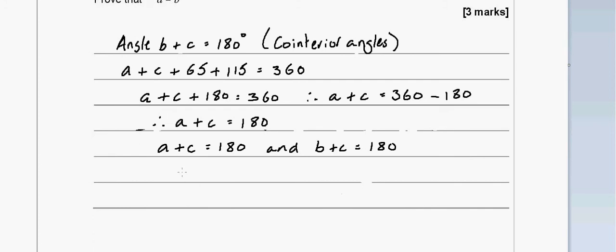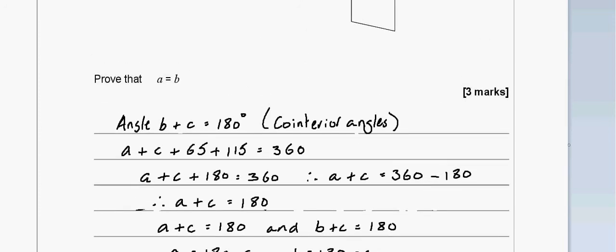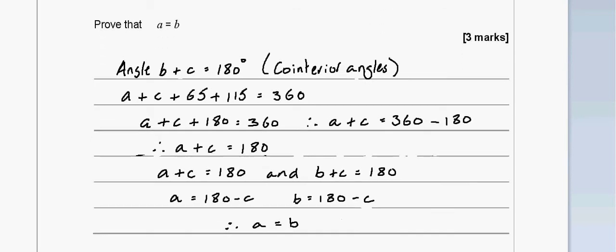So A must equal 180 minus C and B equals 180 minus C. Therefore A equals B, which was the purpose of this here.